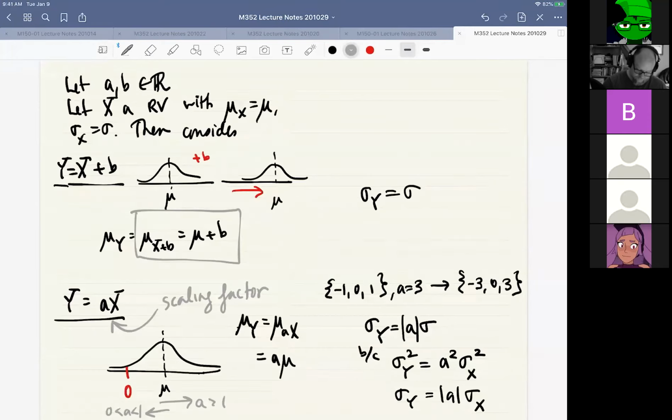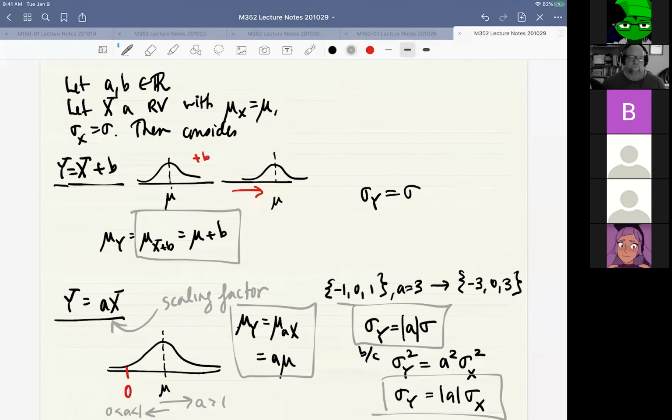So this is what happens when you take a random variable and you change it linearly. All right, so if you've got a linear function of a random variable, you're shifting up and transforming the mean, and the standard deviation, at worst, you're scaling it.